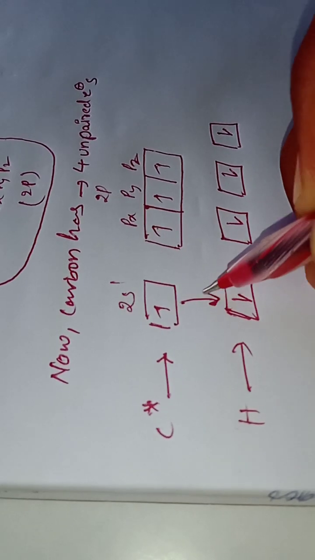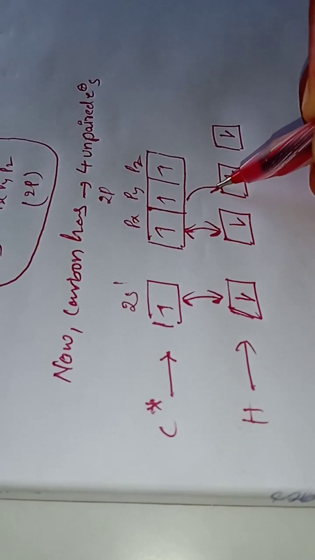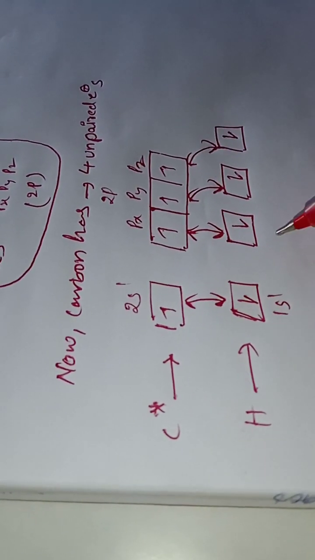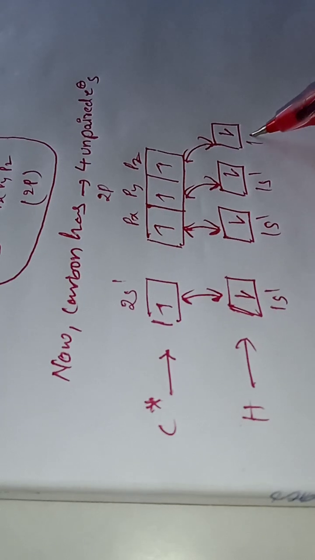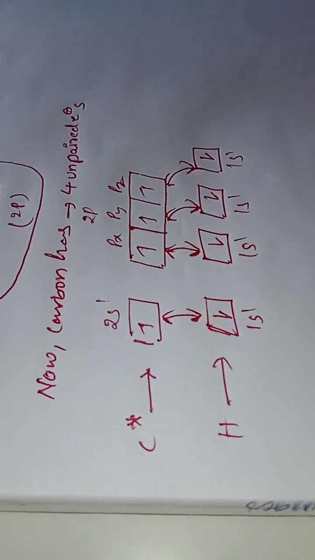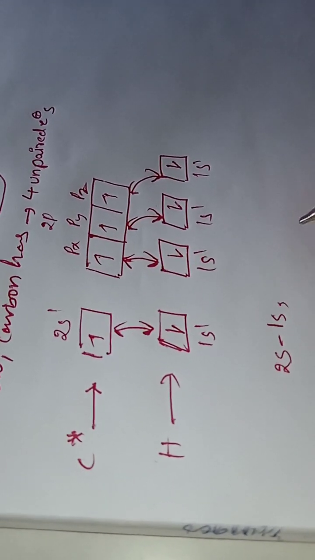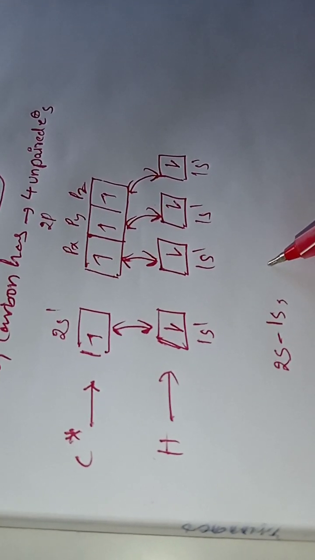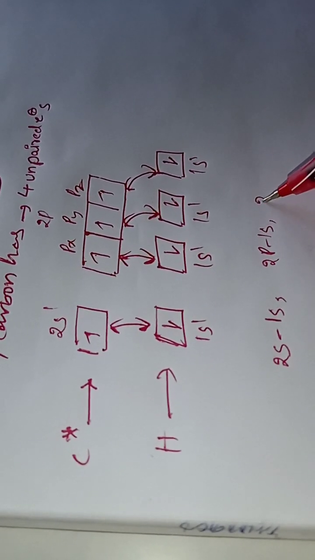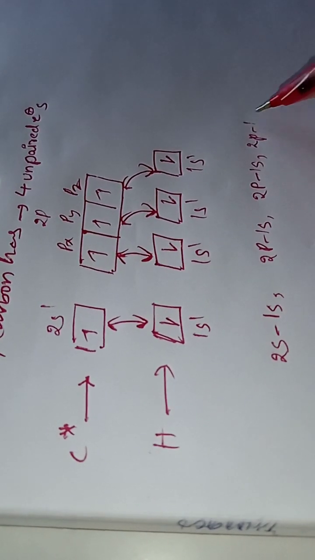These form the bonds, whereas these are the 1s1 of each hydrogen. It means that 2s and 1s form one bond, and 2p and 1s, 2p and 1s, and 2p and 1s form the others.